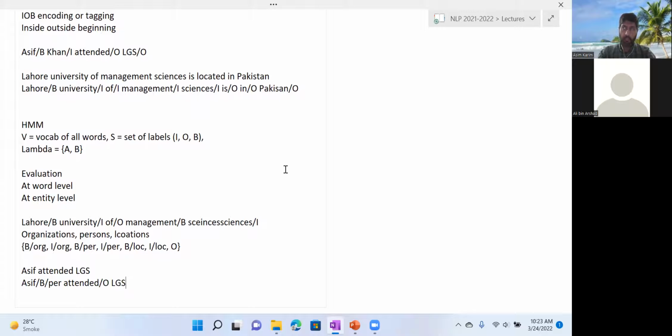And then LGS is, of course, beginning of ORG, okay? But again, it still remains a sequence labeling problem. The label set has been increased. And of course, assuming that you have the necessary training data from which you have learned this model. If you're using HMM, you have learned the A and B.